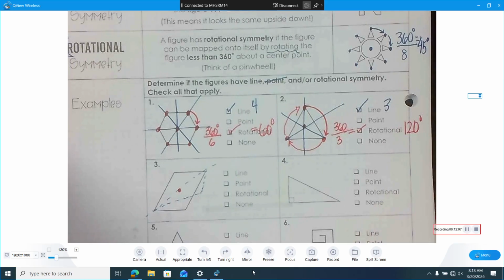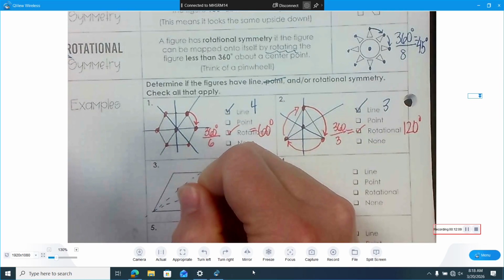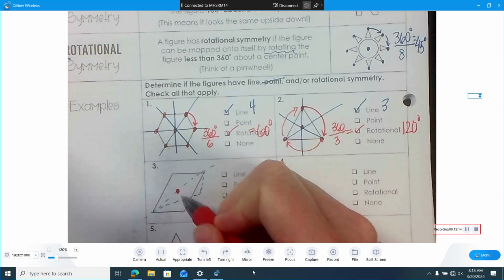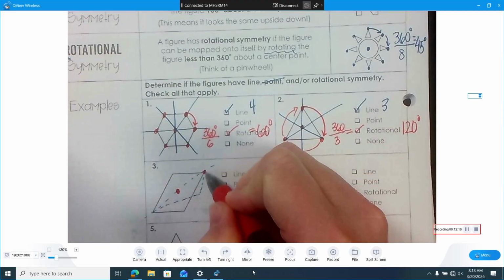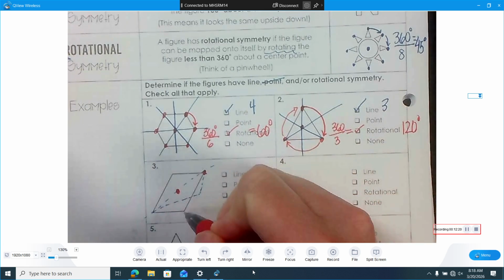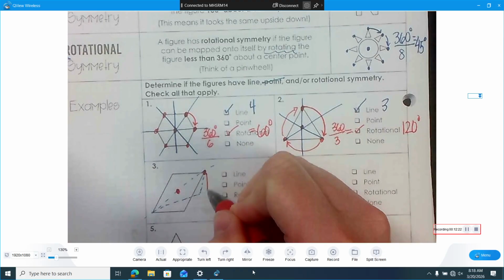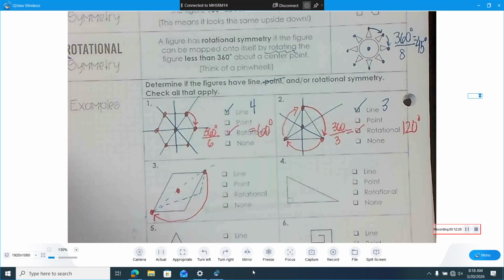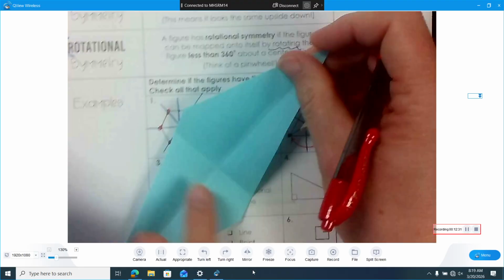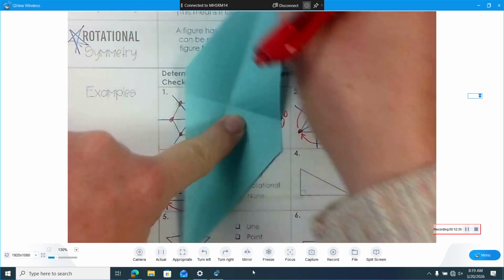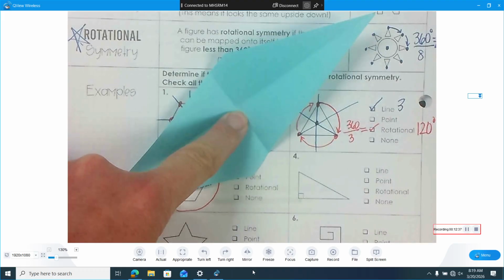My bad. So again, if you think about spinning it like a pinwheel, all right? So if I take right here in the center and I spin this corner, now I can't just spin it to this corner, that wouldn't match up, but I could go over here to this corner, all right? I could spin this figure a full 180 degrees and it looks identical to how we started.